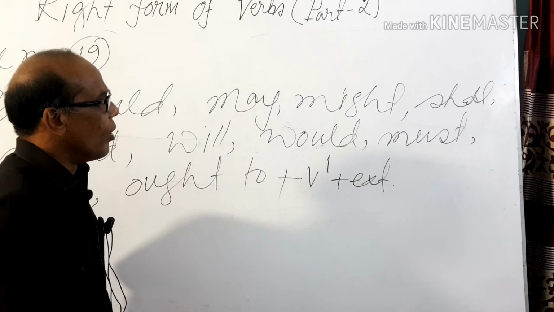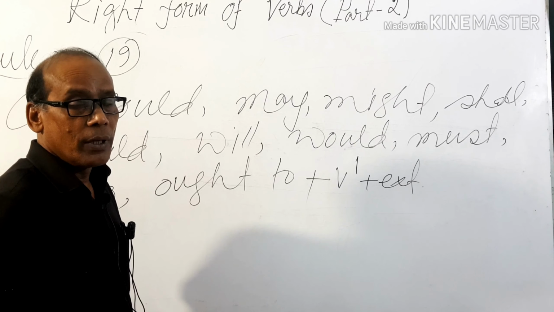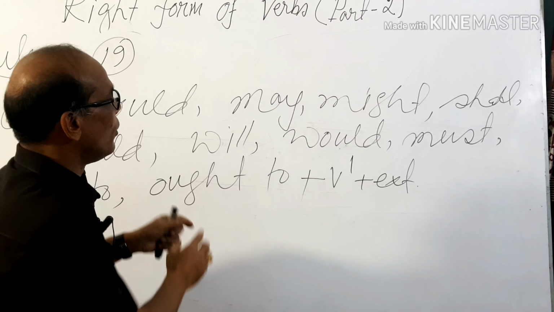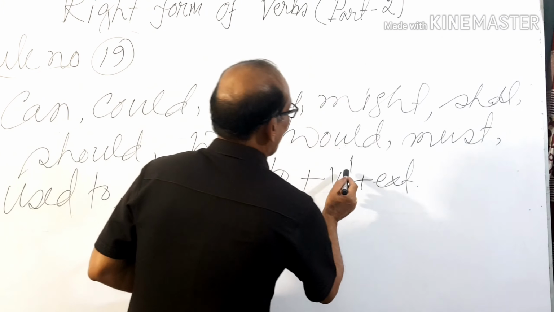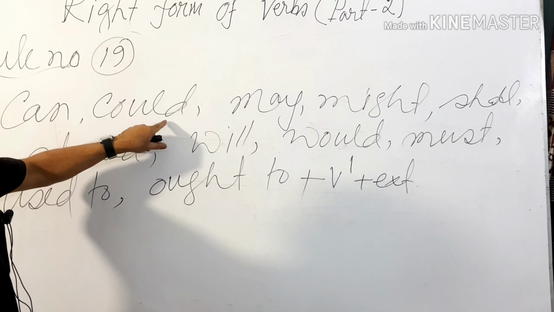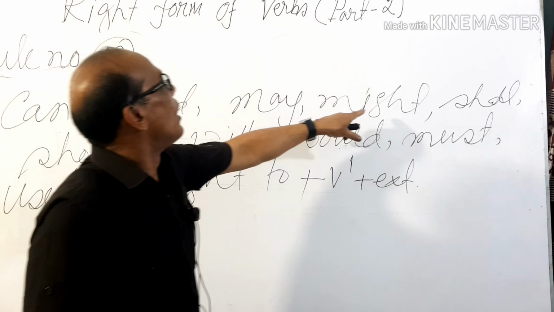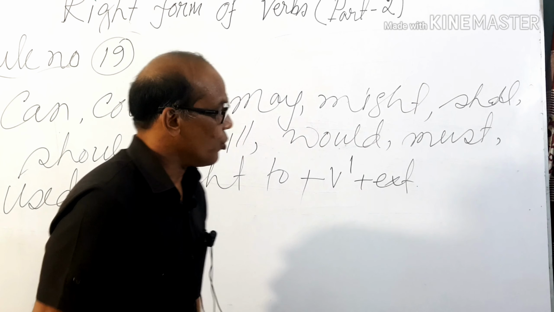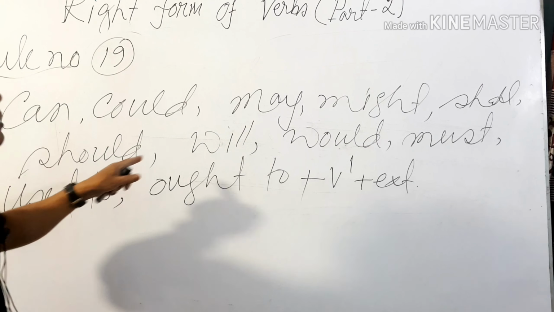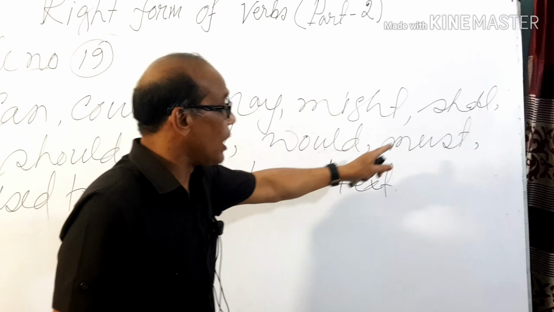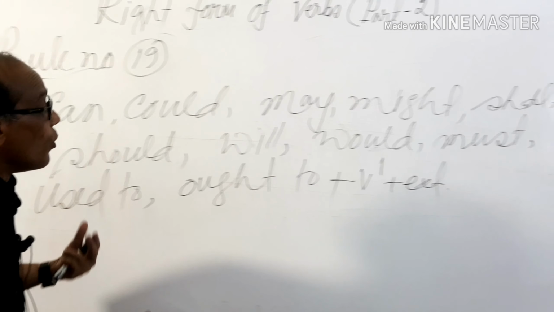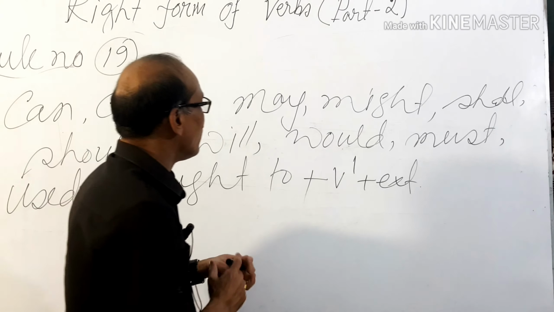That means can, could, may, might, shall, should, will, would, must, used to. Whatever auxiliary verb or helping verb we may use, it's not a matter. After all of them, we'll have to use the base form of the main verb. I can do this, I could do this, I may do this, I might do this, I shall do this, I should do this, I will do this, I would do this, I must do this, I used to do this, I ought to do this, and so on.